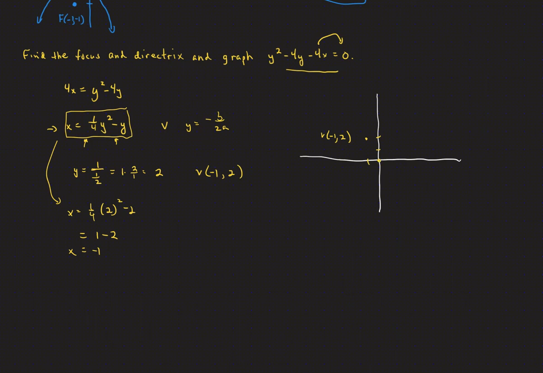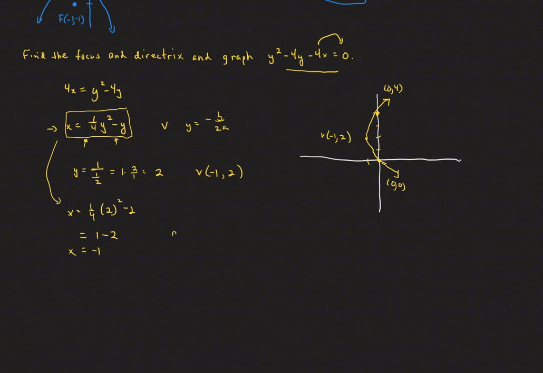That means that 0, 0 is going to be a point on this parabola. So using the symmetry, we'll go up 2, and that's going to make 0, 4 another point on this kind of wide flattened parabola.